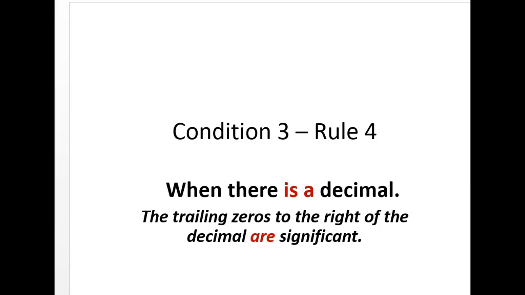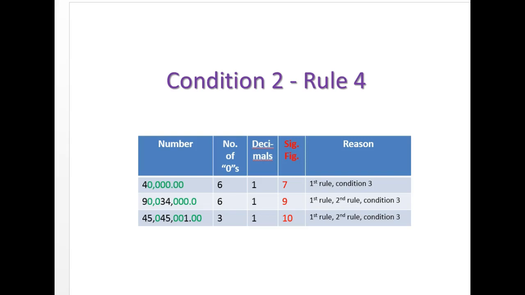Condition number 3 of rule number 4. When there is a decimal, the trailing zeros to the right of the decimal are significant. Trailing zeros to the right of the decimal are significant. So here we have condition 3, rule number 4.